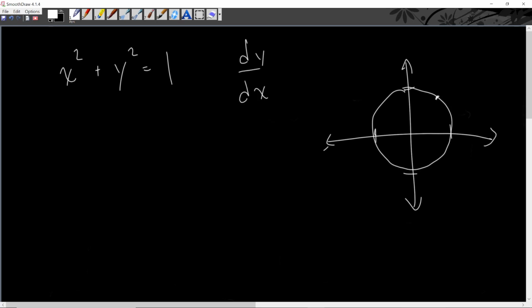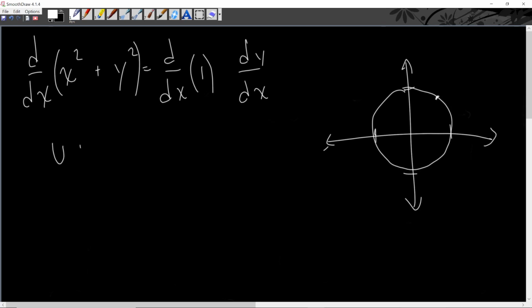Now, in order to do this, we're going to have to do the derivative of both sides. Differentiation is an operation, so any operation that you do, well, it's not 1 d dx, it's going to be d dx of 1, but any operation that you have to do to both sides. And then from here, we know from our sum rule that the derivative of u plus v, prime, is equal to u prime plus v prime.